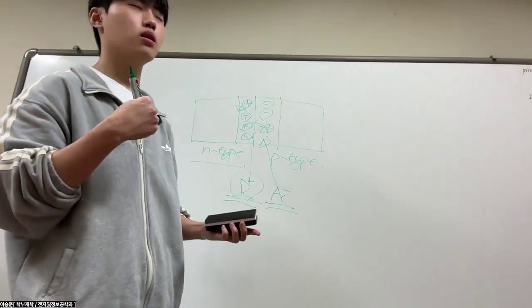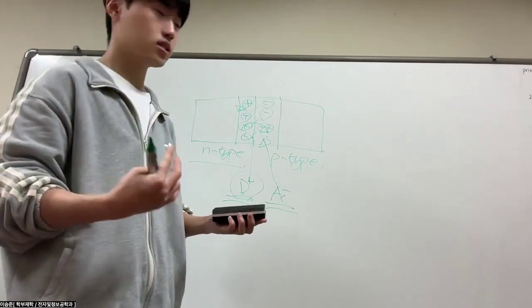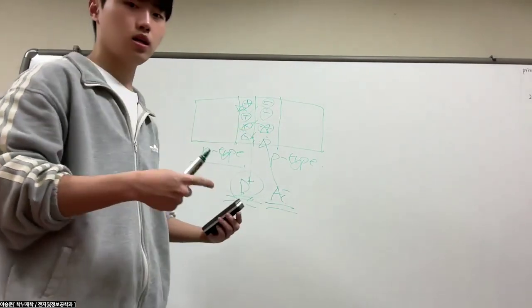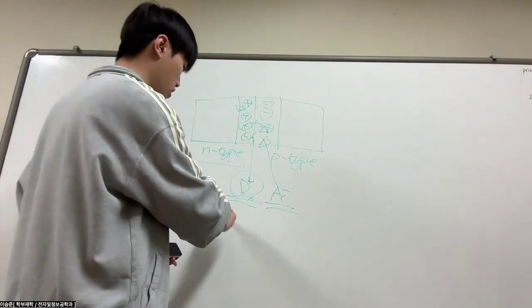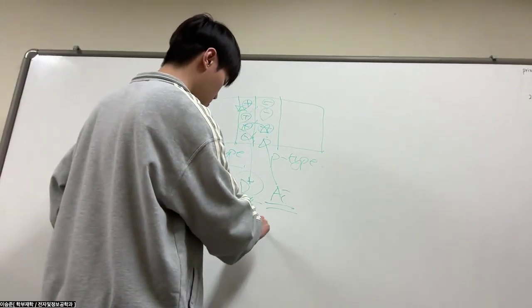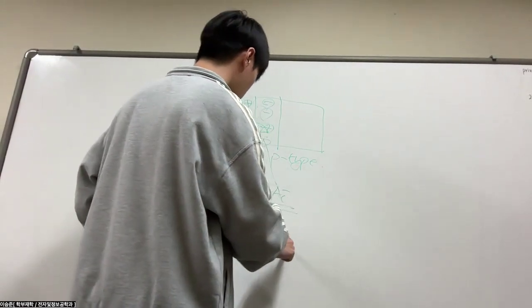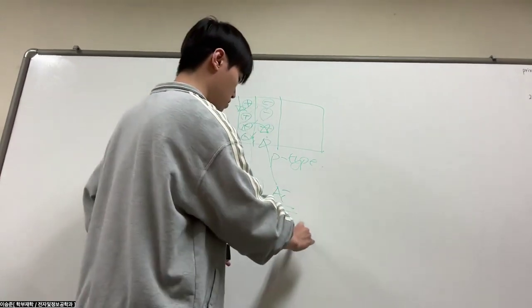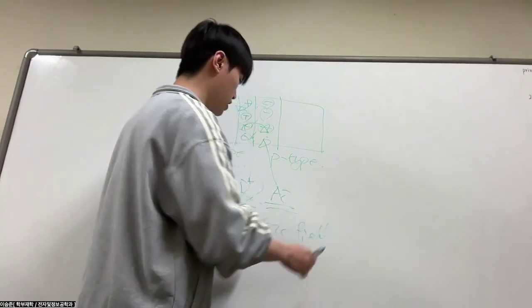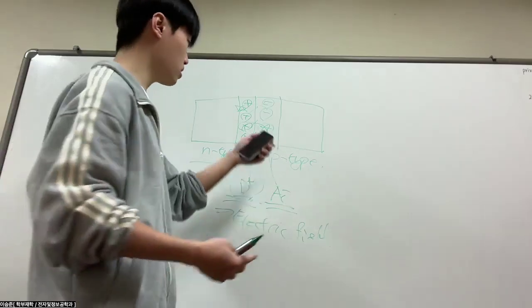We have learned in electromagnetics about plus and minus: there is an electric field. And there is drift current here.